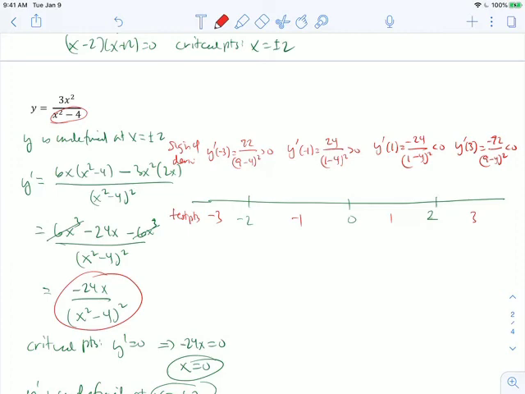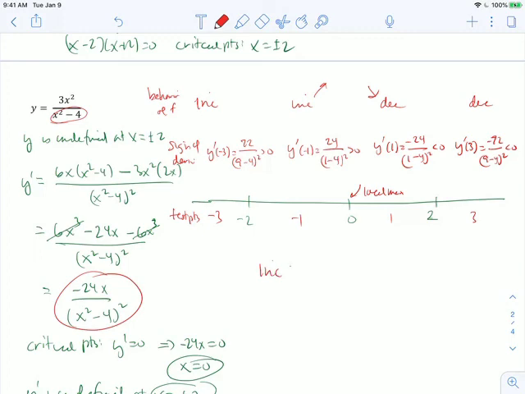And so if I'm looking at the behavior of f, I'm increasing here, increasing, decreasing, and decreasing. So the only place where I'm changing, going from going up to going down, is at 0, and so I've got a local max here.